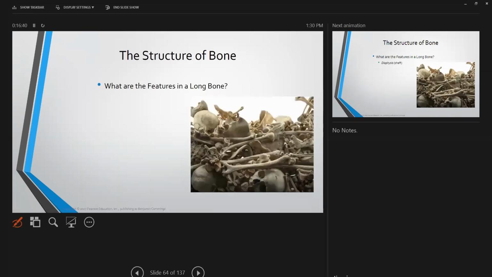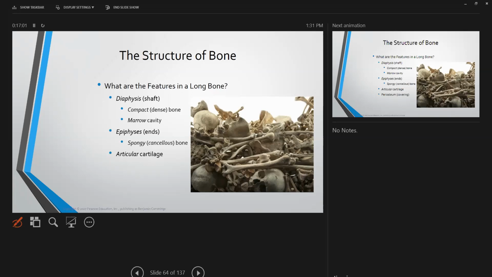What are features of a long bone? Well, a long bone has this long shaft. It's compact, dense bone with marrow activity. So this is the location of blood cell production. And then the epiphysis is the end with some spongy material of that bone, as well as articular cartilage.